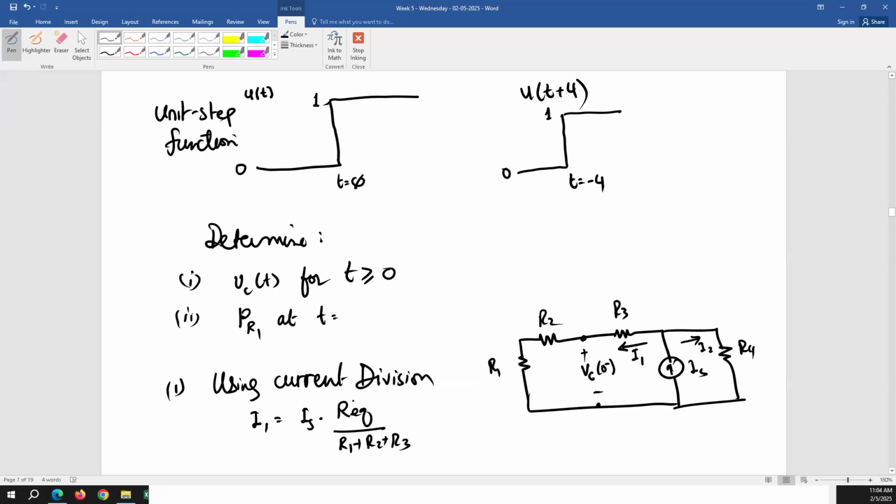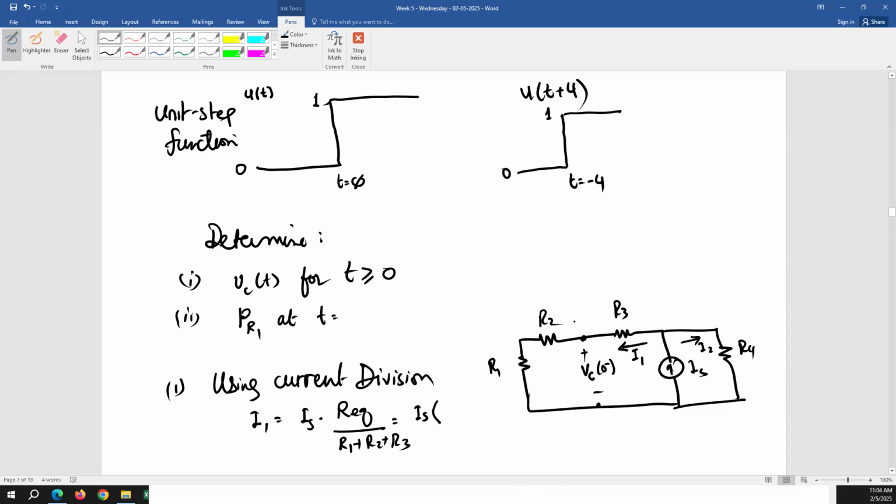All right. What is the equivalent resistor that we are referring to here? Who's going to tell me that? Very good. R1 plus R2 plus R3 in parallel with R4, because that equivalent represents the parallel combination of all the resistors among which the current is dividing.